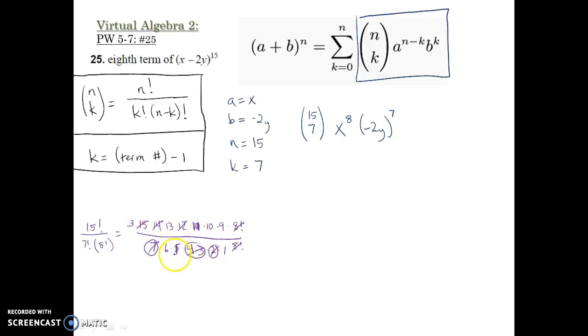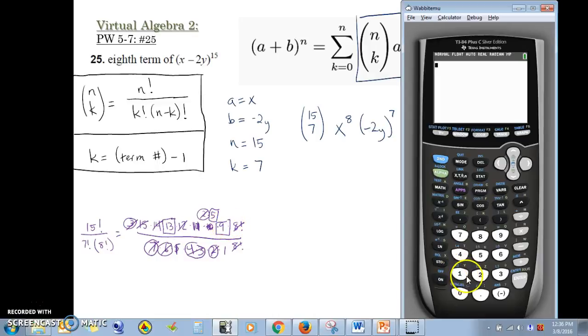And then I've got, what else do I have? 10, okay, so I have 6, which is 2 times 3. And I've got a 3 here, and then 10 is 2 times 5. So this 6 will cancel with this 3 times 2. And then what do I have left? I've got 13 times 5 times 9. So 13 times 5 times 9 is 585.